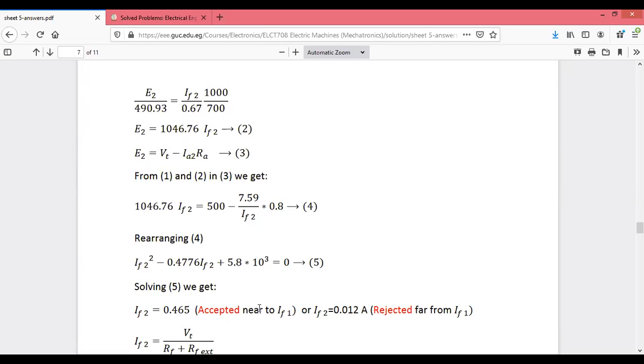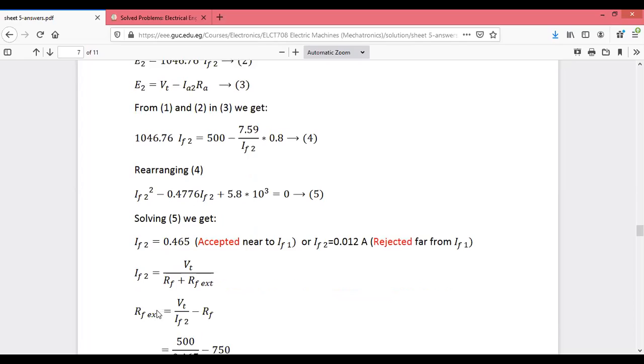But that value is very small as compared to IF1, so you can reject that root and consider IF2 as 0.465. But we are supposed to find the resistance, not only the current.